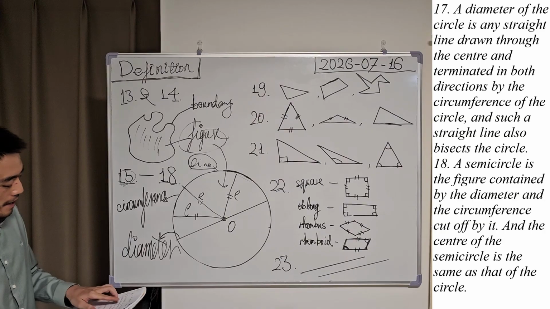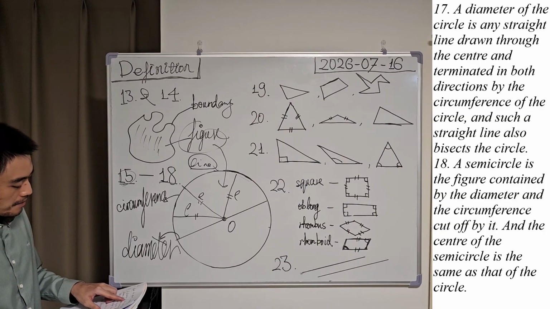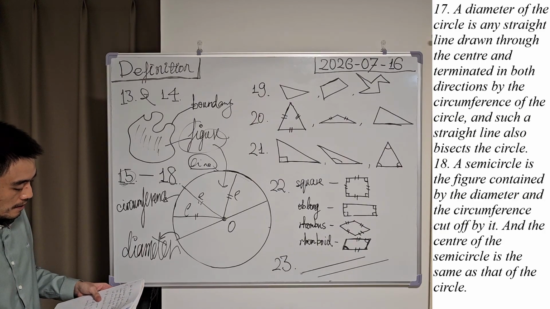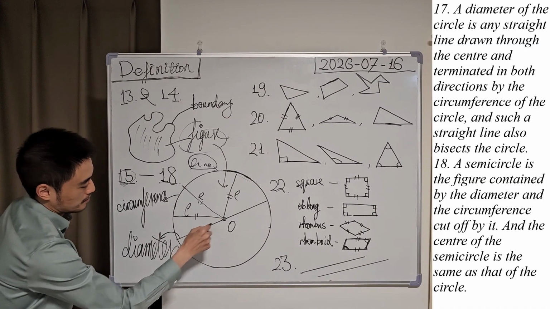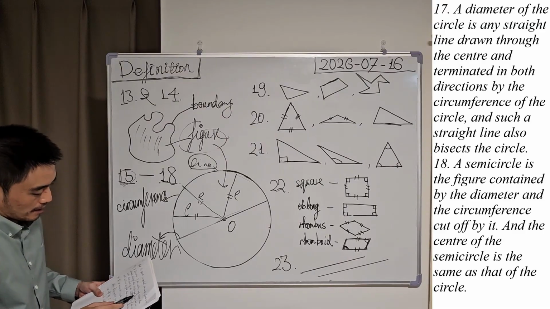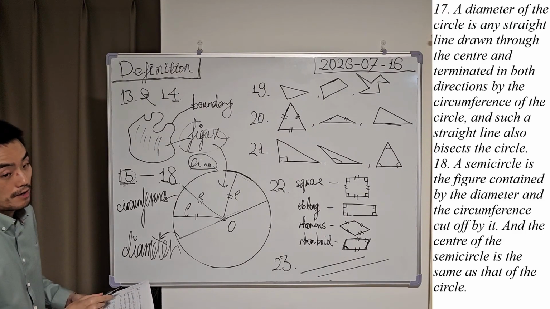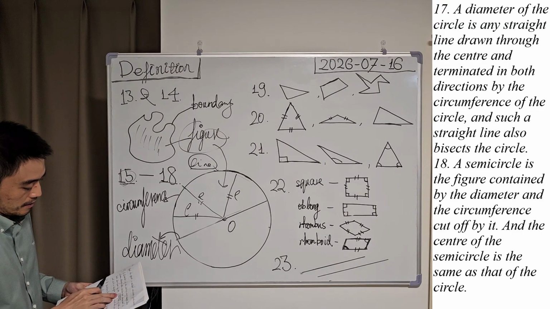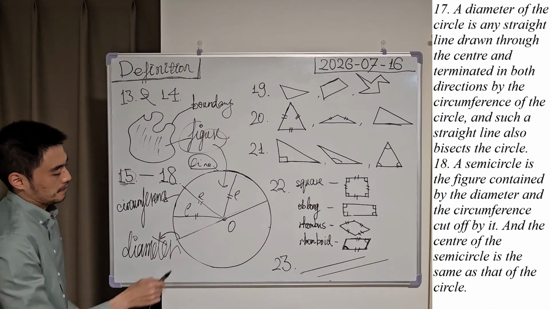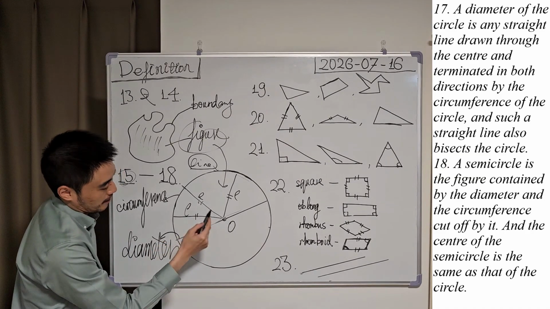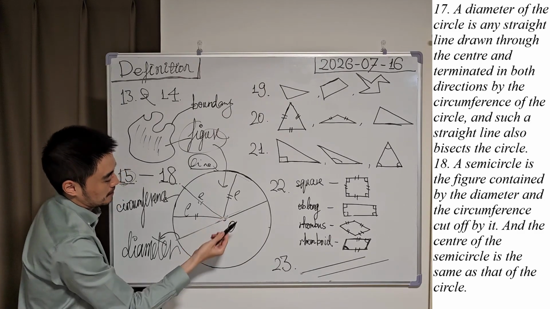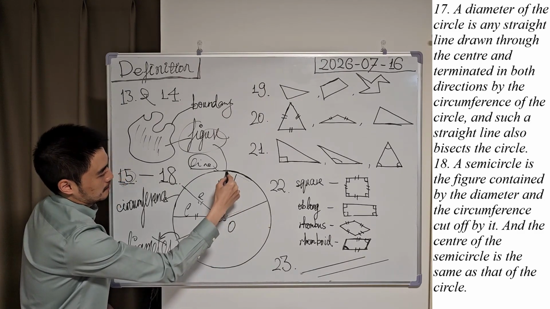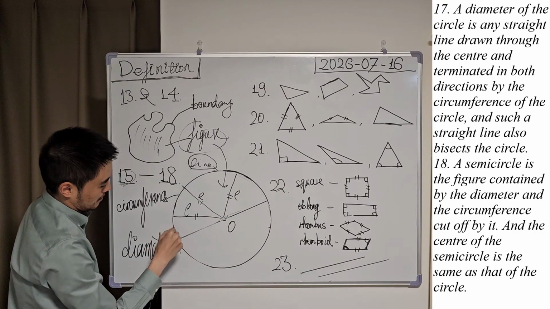Okay, so a diameter of the circle is any straight line drawn through the center, and terminated in both directions by the circumference of the circle. So we draw a straight line through this point, and it is terminated by the circumference here.